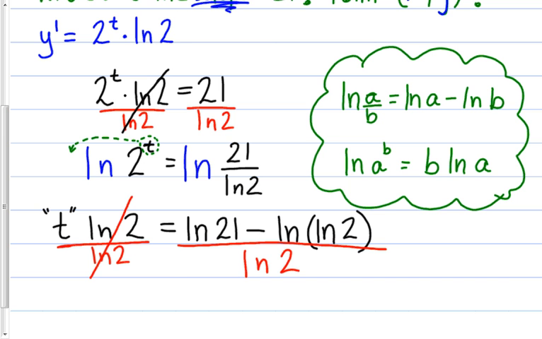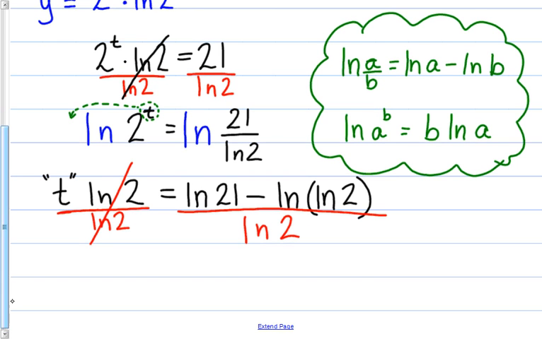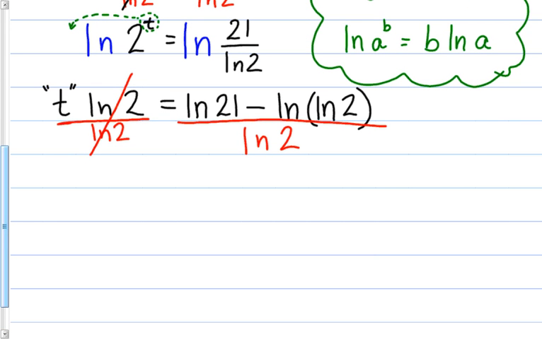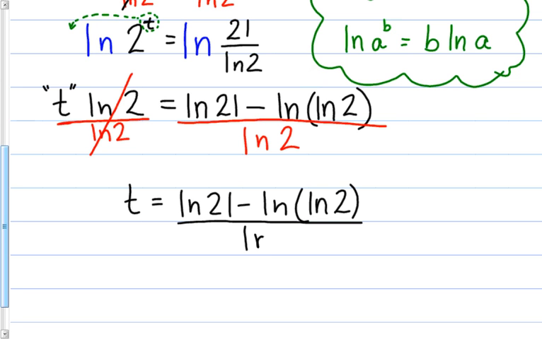Now, this is going to require your calculator because I do not expect you to do this in your brain at all. So what I have is t all by itself, yay. And then I have the natural log of 21 minus the natural log of the natural log of 2, over the natural log of 2.